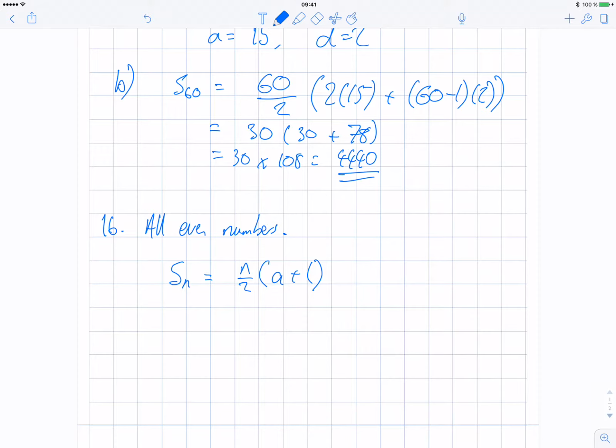Is that the right formula? I've forgotten one of the formulas. I think I might have got that wrong. Just bear with me. Let me think. No, I've got that absolutely right.